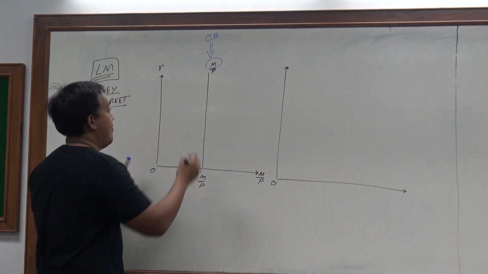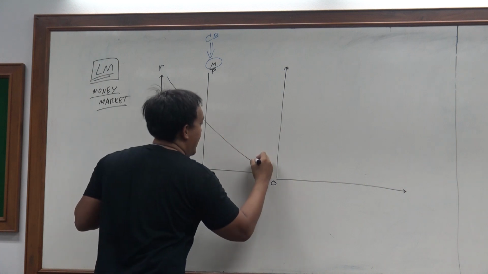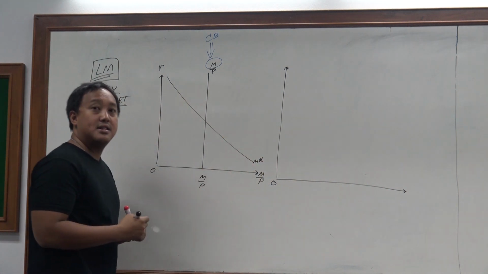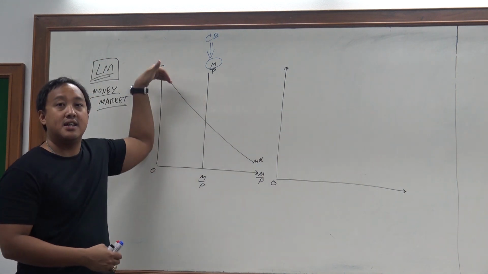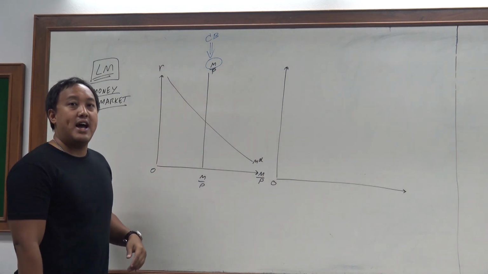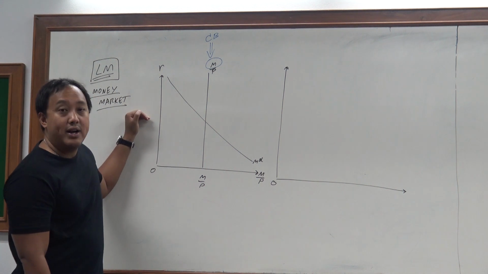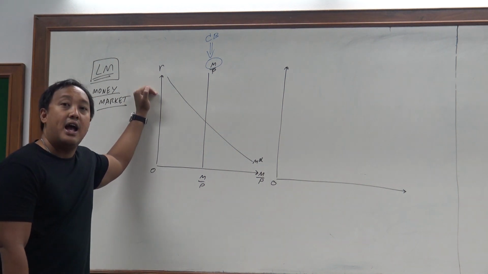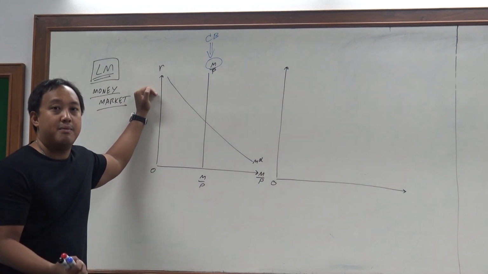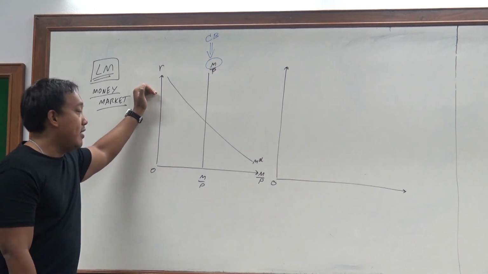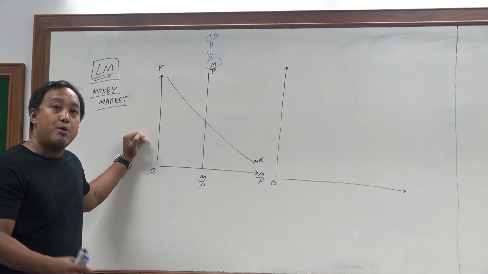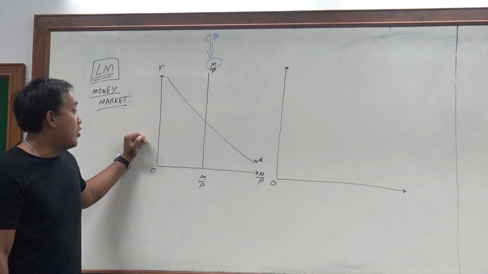Then you have the money demand curve like this, MD. For money demand you always have a negative slope. What does that mean? When the real interest rate is high, everyone wants to hold less money because they want to save it in the bank. If the real interest rate is low, everyone wants to hold more money.